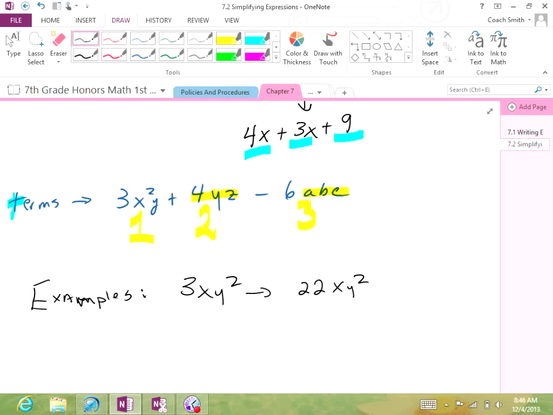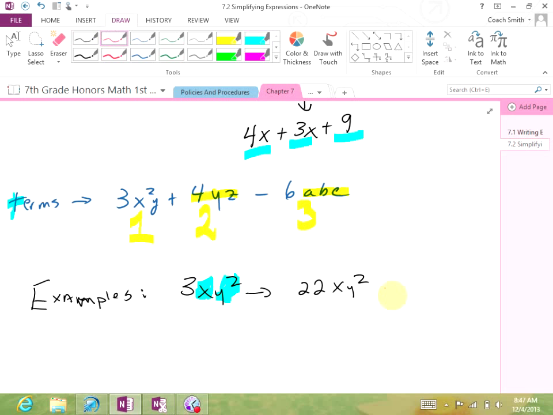The coefficient, the number in front of the variables, does not have to be the same. It's the only thing you look at to see if something is alike: what's the variable and what is it raised to?